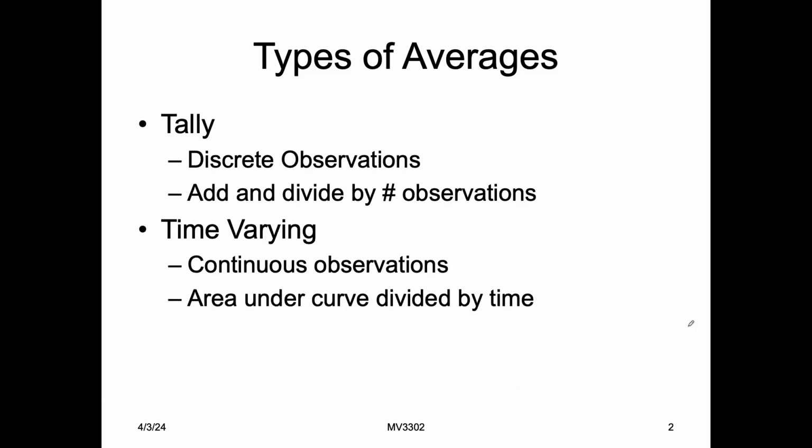An average is something which comes from data, whereas a mean is something of the population that you're trying to estimate. In practice, they get a little blurred. And here, because we're simulating, everything is going to be an average. So I'll use mean and average more or less interchangeably.